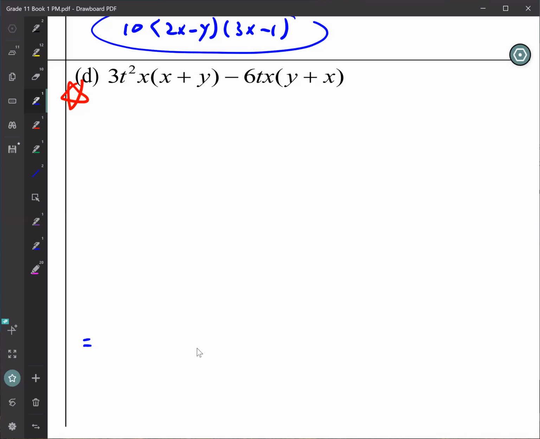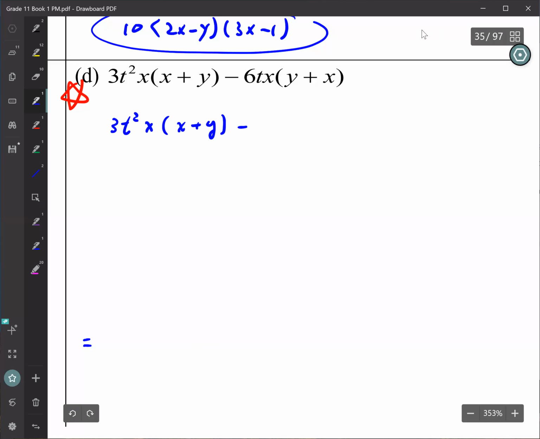So basically, you first change x plus y, rewrite the second x plus y, so bracket. Okay, so change the order. And then you remove x plus y, like a GCF.